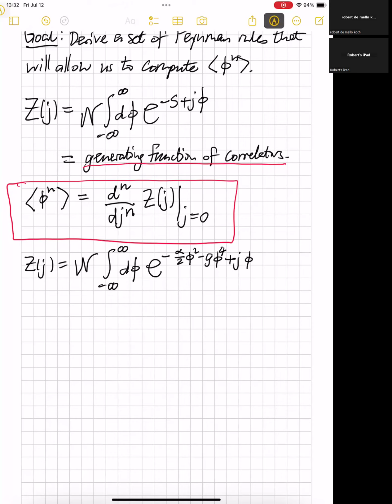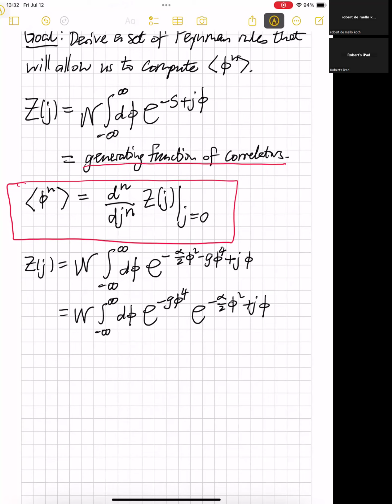So I haven't done anything, I just plugged in what the action S is. This next step is really just for clarity, but many of you would just skip it, but let me just put it in. So what I've done is I've separated out the interaction term.